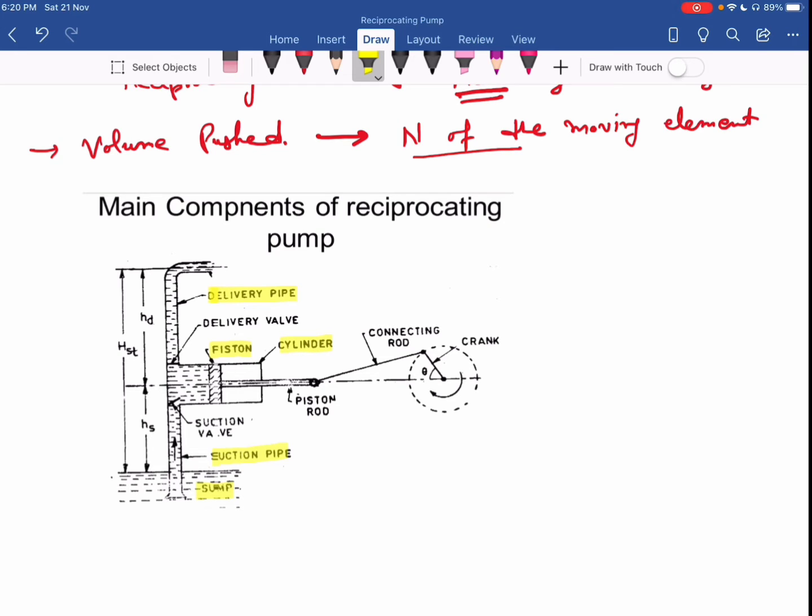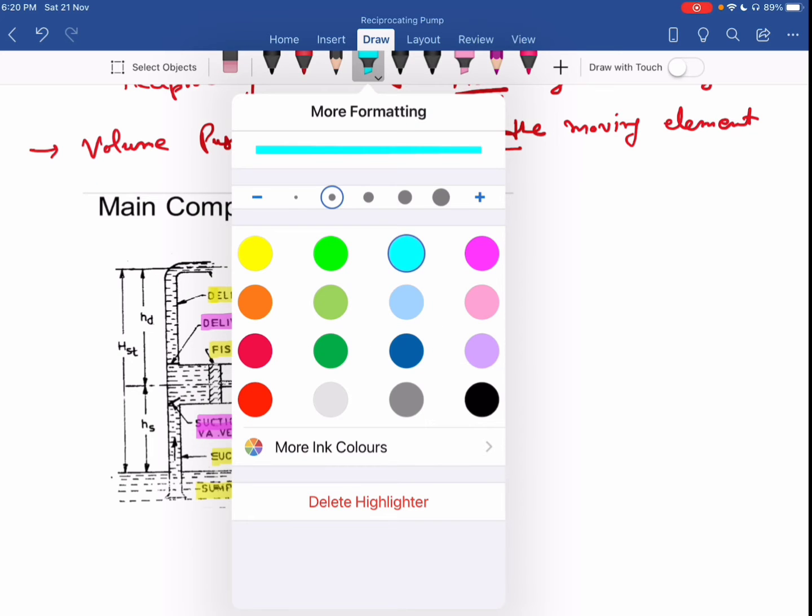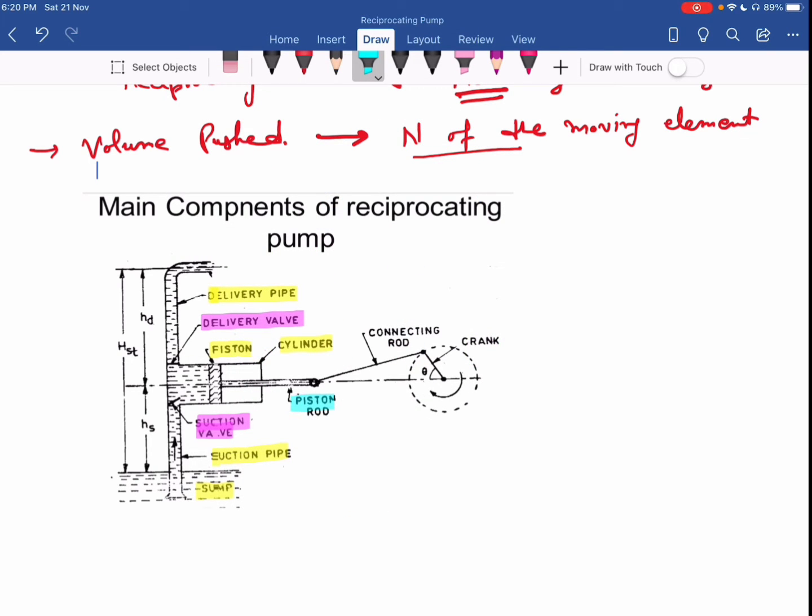There are two valves: one is called the delivery valve, and another one is the suction valve. Now the movement of the piston is controlled by the piston rod, and that is further connected to the crank with the help of a connecting rod. So these are the main components of a reciprocating pump.